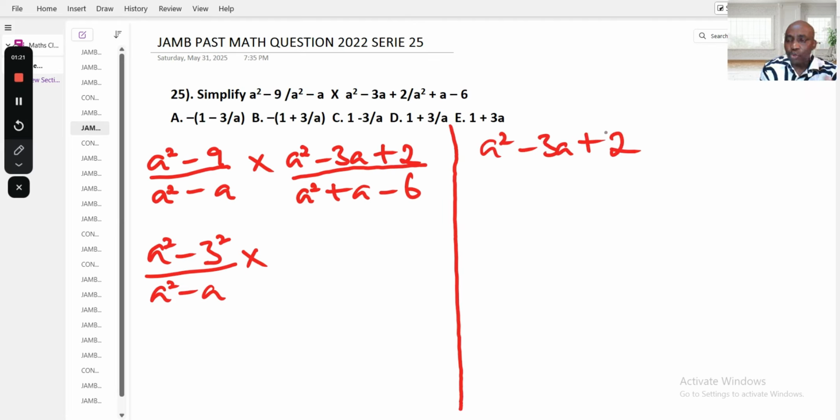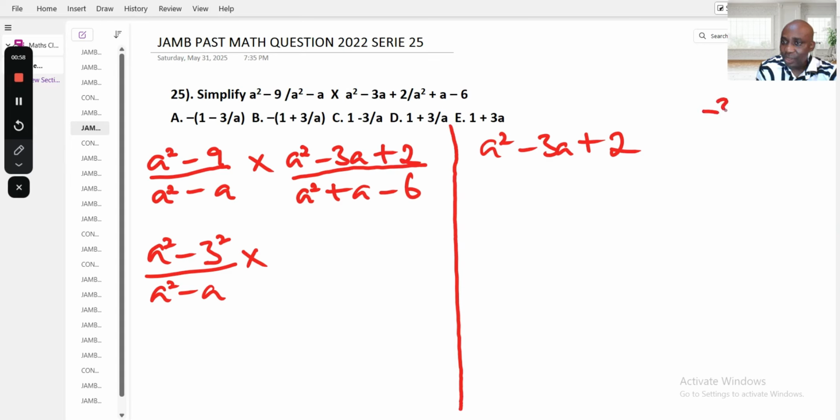Now we are going to look for two numbers that we can multiply together to give us 2, but when we add them together, give us 3. What is that number? 2 times 1 gives us 2. 2 plus 1 is going to give us what? Minus 3. Therefore, we have minus 3a.